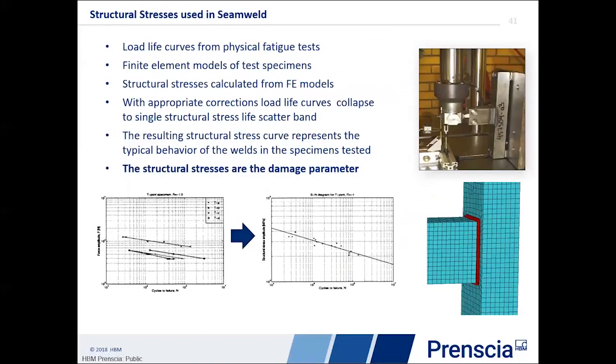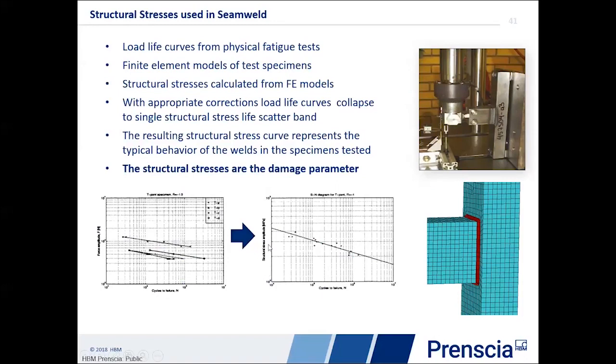And actually, I just wanted to reiterate the structural stress approach that we use for seam weld. We calculate a structural stress, where the structural stress is actually the damage parameter. So the way that we generate stress, be it grid point force calculations or through disintegration, we use that as the damage parameter on the vertical axis of our component life curve.